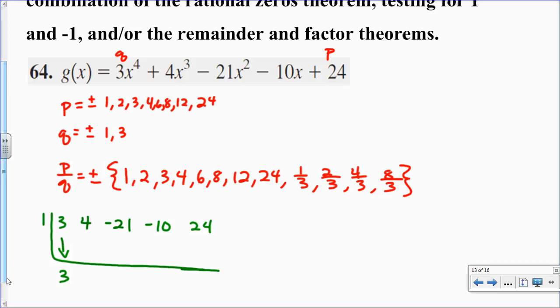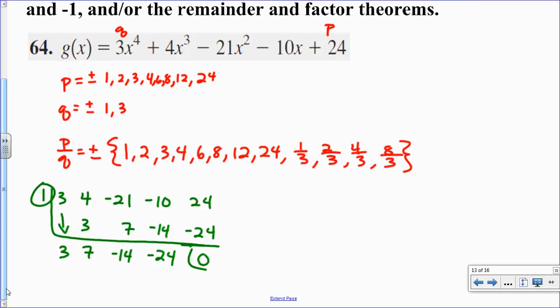Take a second to do this. Okay, so 1 is a 0.